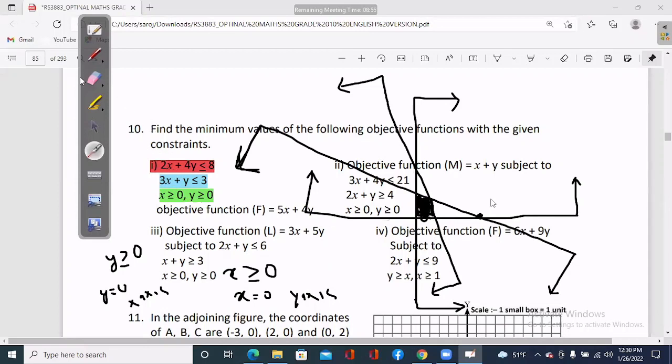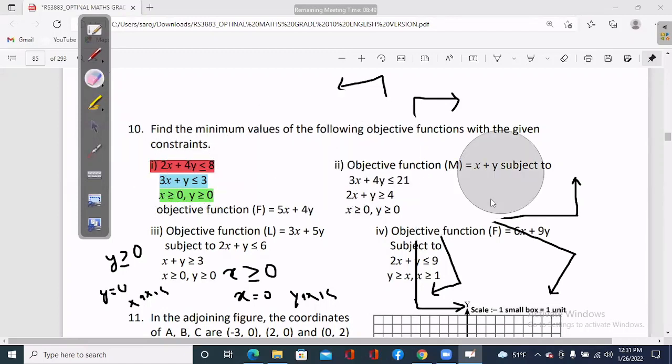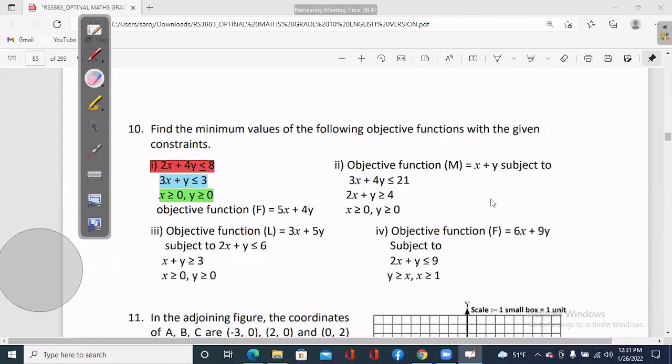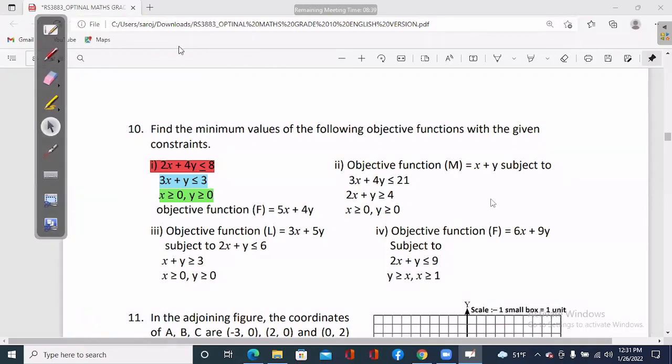So all of you, please try this question number 10I, II, and IV. Please try it, all of you, these 10 questions. Please do it in the graph copy, I just want to see.